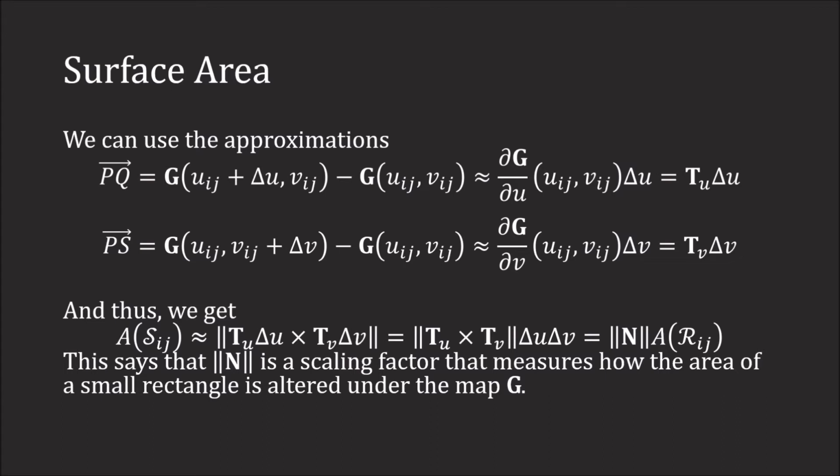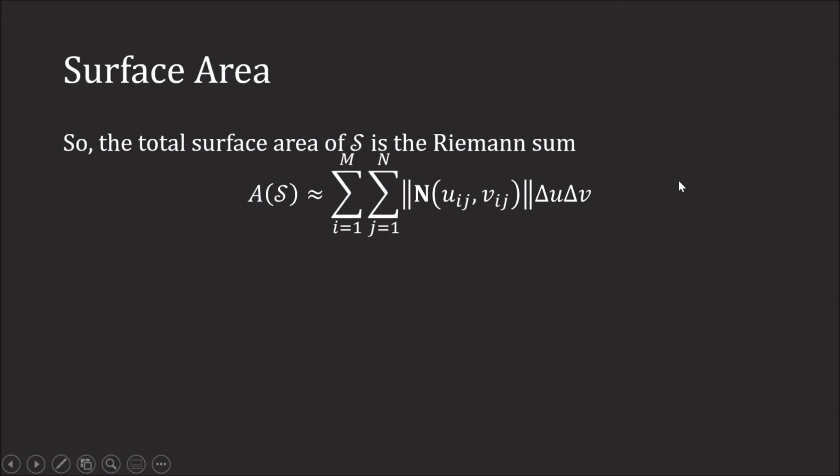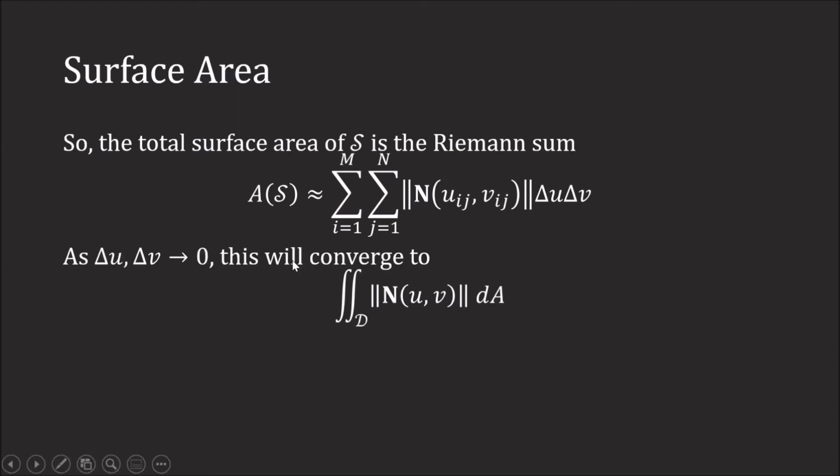Now the total surface area of S would be the sum of all these surface areas. That is, it's a double Riemann sum. It is approximately this double sum. Now as delta U and delta V approach 0, this converges to this double integral.